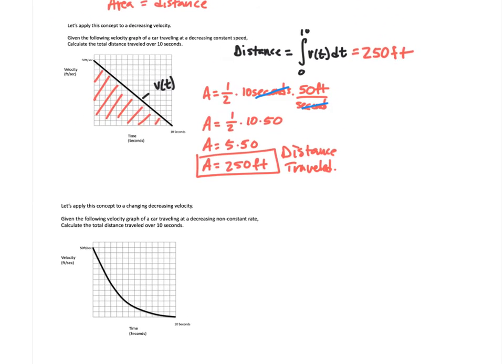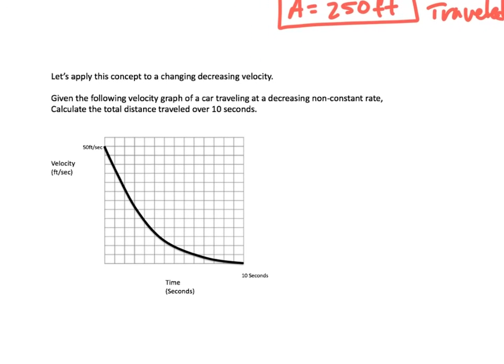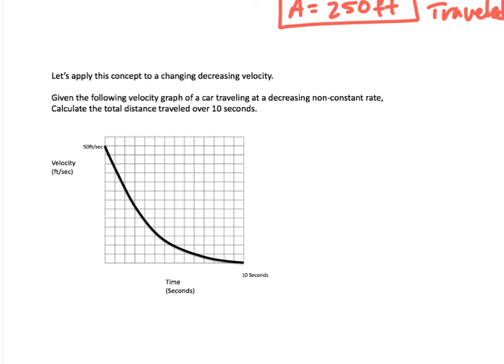And so let's apply this to a new concept. Let's think about changing, decreasing velocity, where we still go from 50 feet per second, but we might be slowing down at a much faster rate to come to a complete stop.